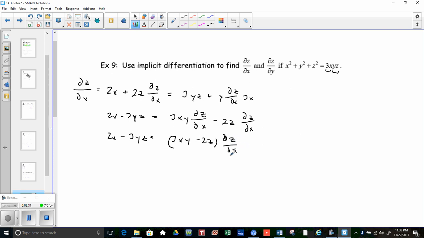And then to solve for dz dx, we're going to divide both sides by what's in the parentheses here. So we're going to get 2x minus 3yz over 3xy minus 2z, and that equals the partial of z with respect to x.